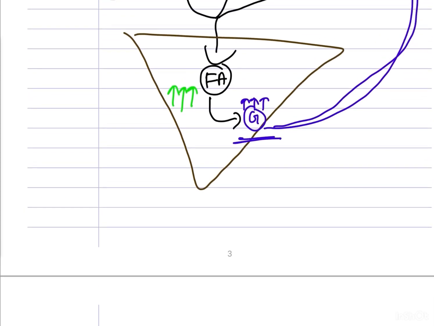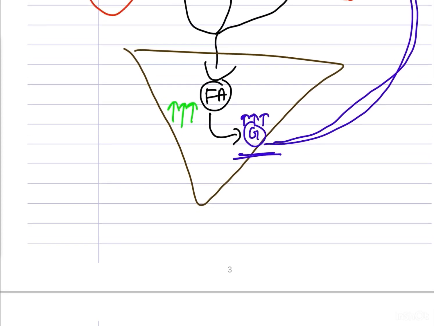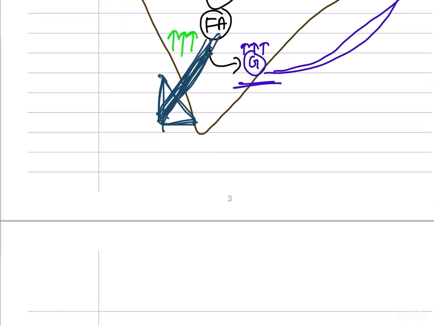Now our liver has some capacity to convert fatty acid into glucose. After that threshold is reached, this fatty acid will be converted into ketone, not into glucose.